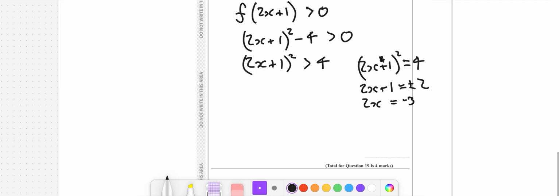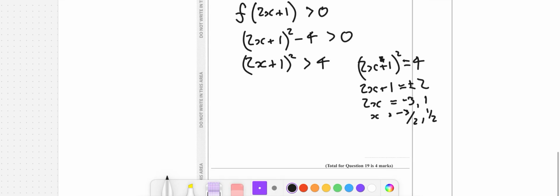So if it's equal to, let's just do 2x plus 1 squared is equal to 4. And then we know that 2x plus 1 equals plus or minus 2, which means 2x equals, take away 1, is minus 3 or 1, which means x is minus 3 over 2 and a half.